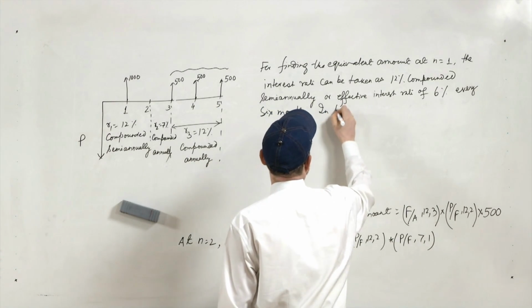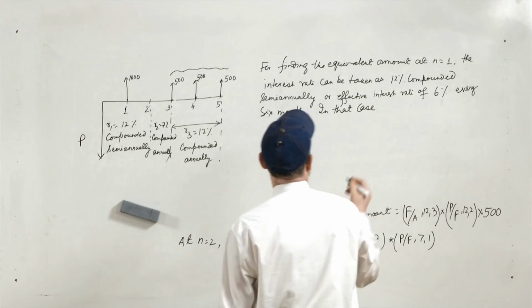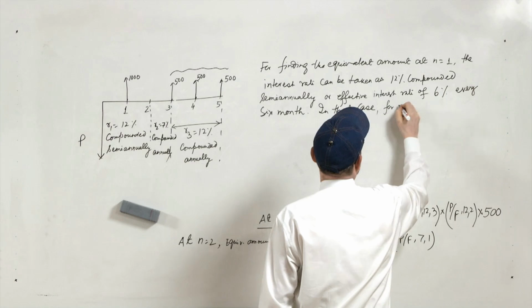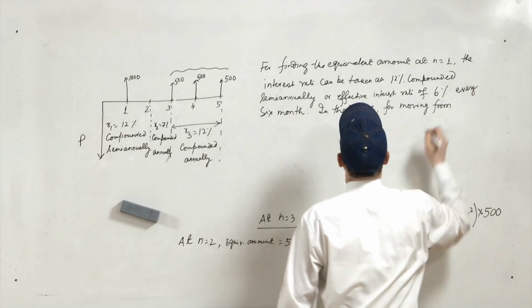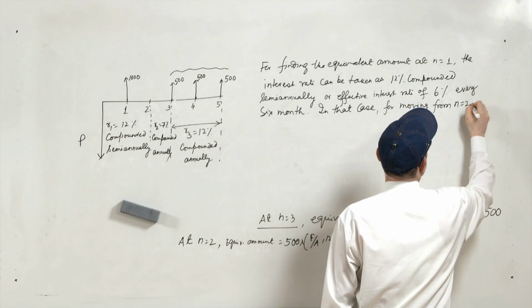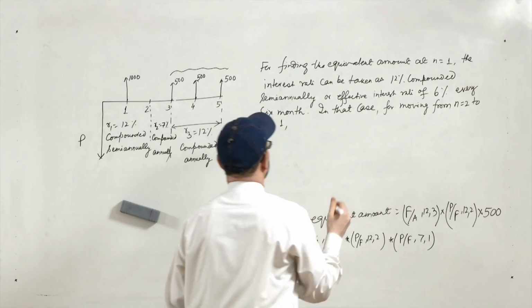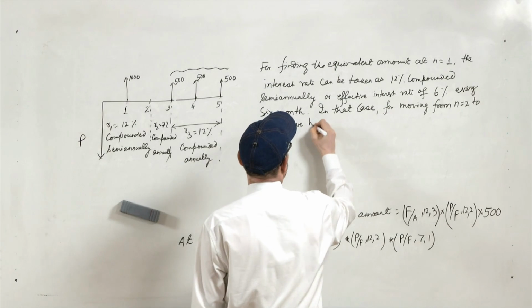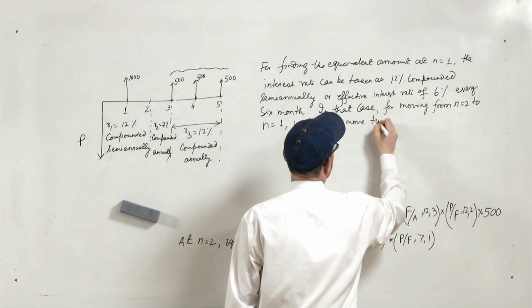In that case, for moving from n equal to 2 to n equal to 1, we have to move 2 interest periods.